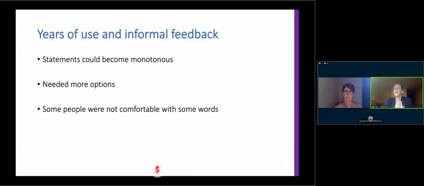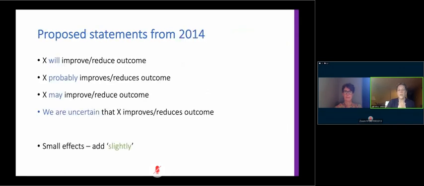But what happened, after a lot of informal feedback, work from workshops, and when we were training, was that people were finding that these statements were quite monotonous, and they wanted more options about how to communicate it. And some people were just not comfortable using words like probably. It didn't sound scientific enough.